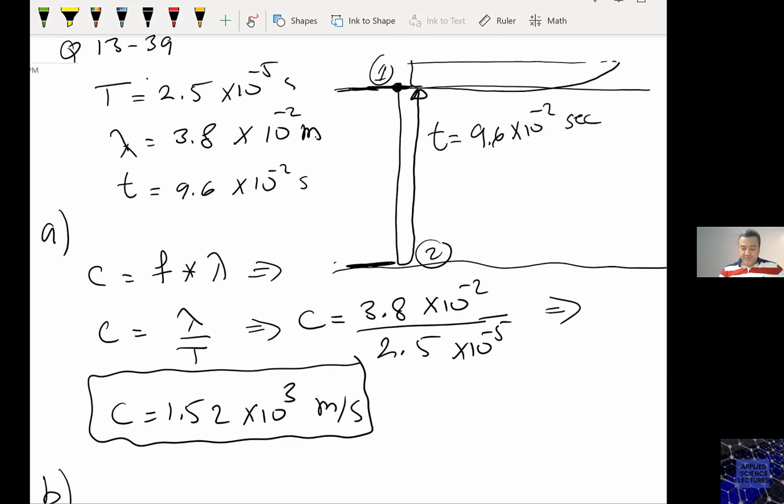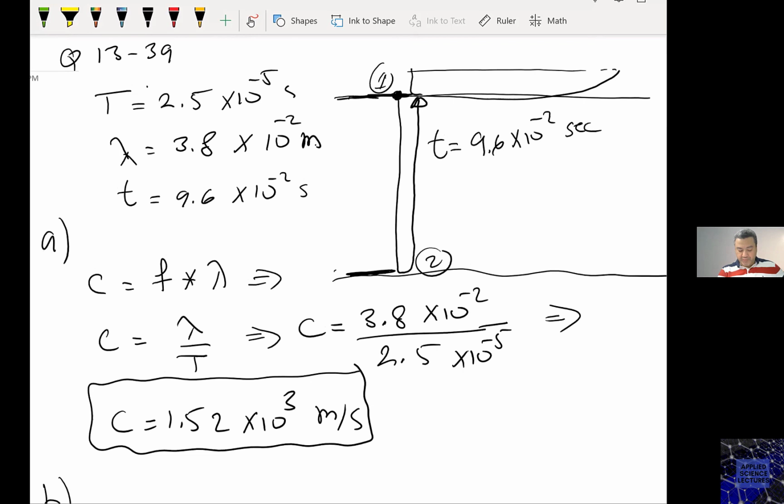So two trips, all the way from the boat to the bottom of the lake and back from the bottom of the lake to the boat. The total is 9.6 times 10 to the power minus 2.